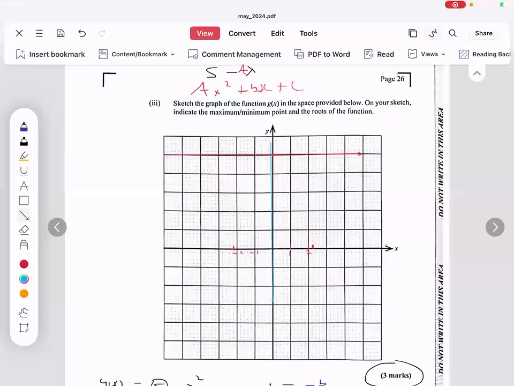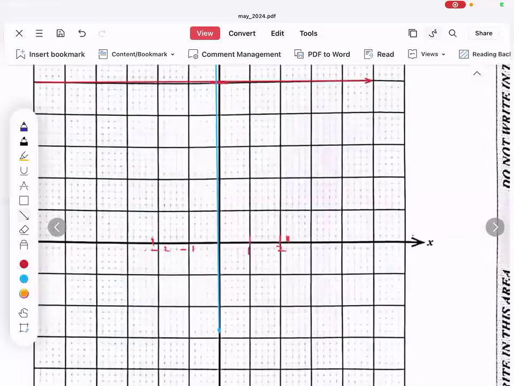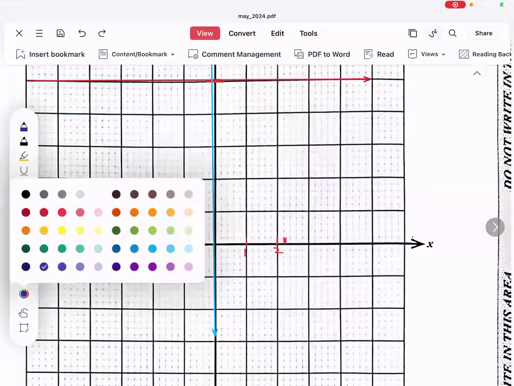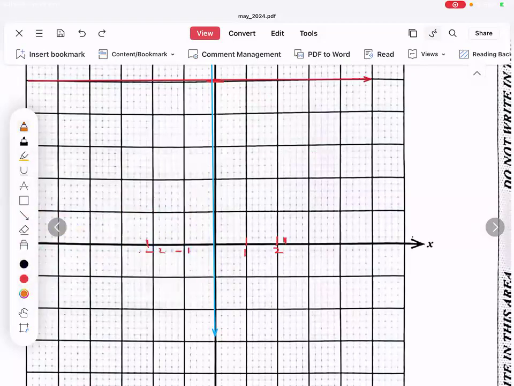So here's what the graph looks like then. It's a sketch. The graph is basically coming through here, coming towards 5. It bends right there, and it comes through here and shoots out.